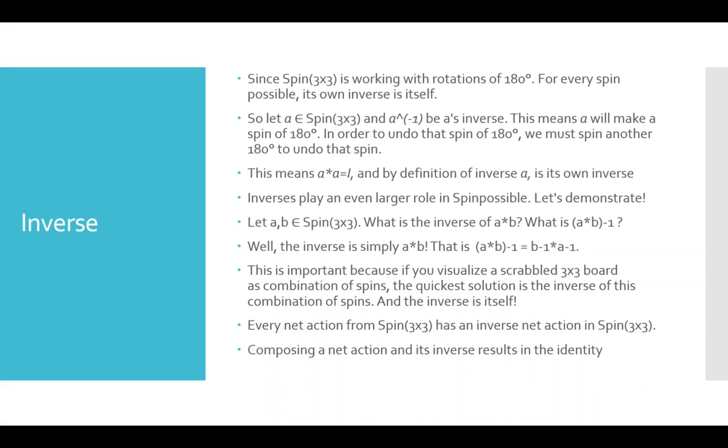This is important for the game itself because if we look at the inverse of a composition of spins, the inverse would be just the reverse order of the inverses composed. This is also helpful because if you know how the board was scrambled, then you can solve the board by just inputting the inverse. It's important to note that every element of spin 3 by 3 has an inverse and therefore meets that group criterion.